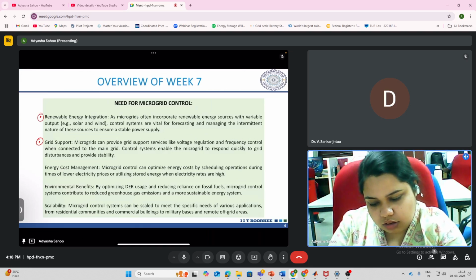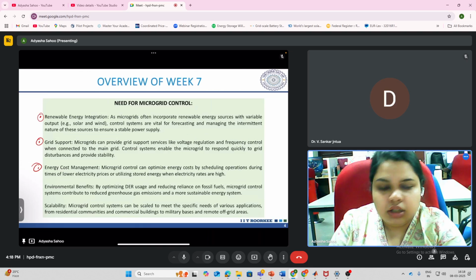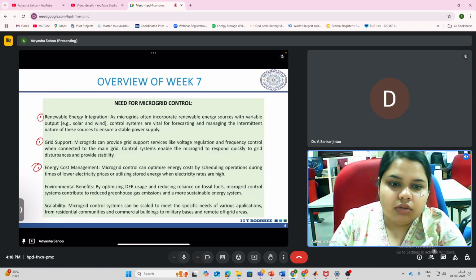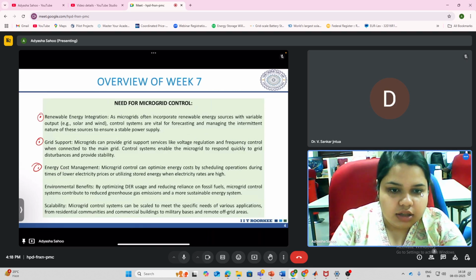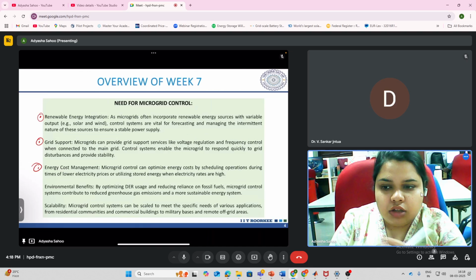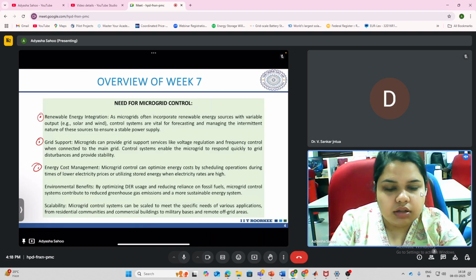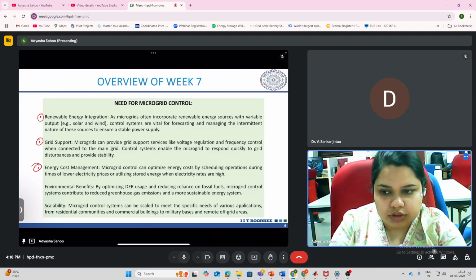Now, energy cost management. This will also come under the energy management system. Whatever control strategy you have fed in the energy management system, your microgrid will function in that way to reduce the operating cost or increase the profits of the overall microgrid operation.